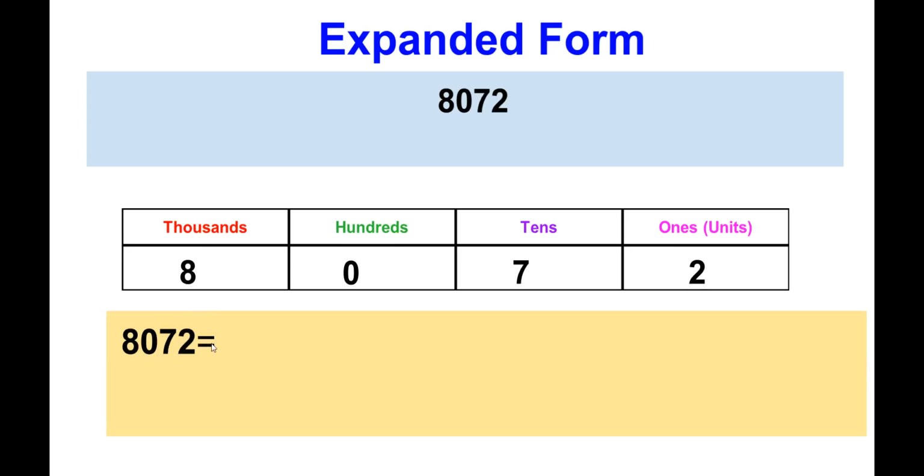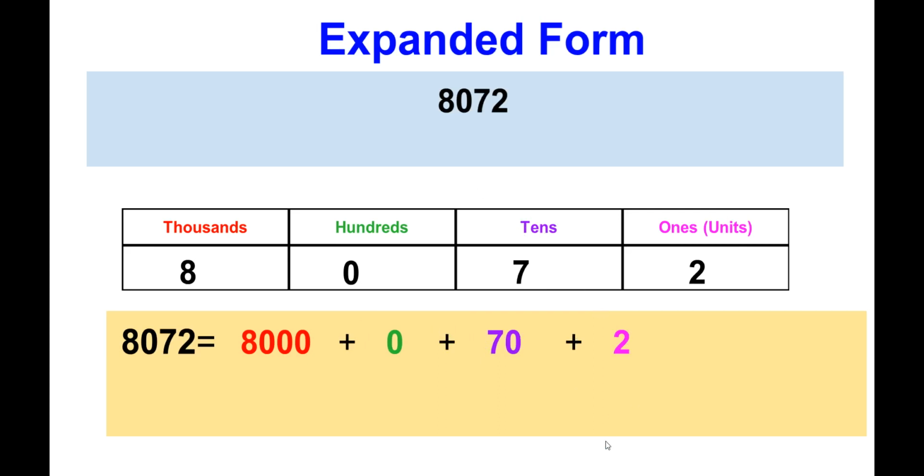So 8,072 equals 8 thousands plus 0 hundreds plus how many tens? 7 tens make 70 plus 2. This is the way to write the expanded form of a number.